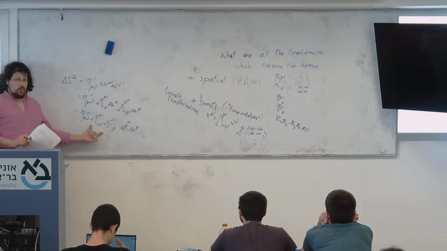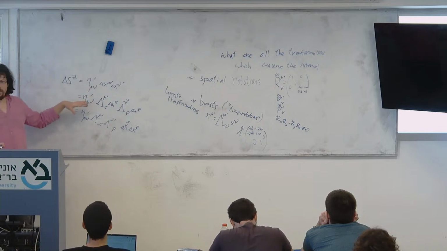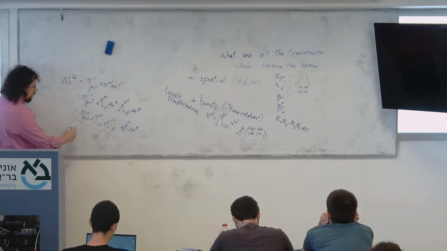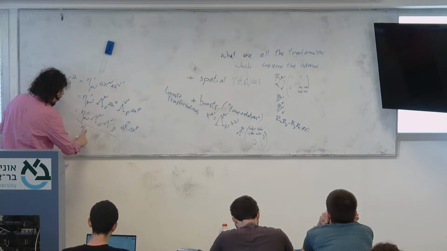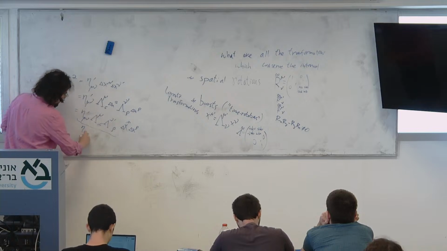And now this is of the same form. If I want this to also be flat Minkowski space, that means that this is just equal to eta sigma rho.